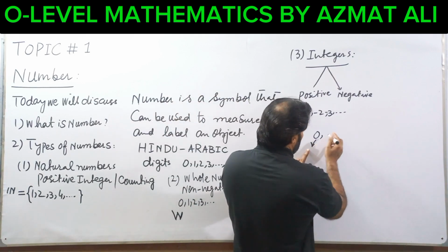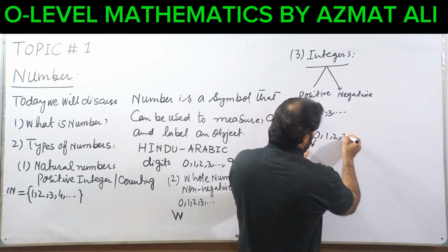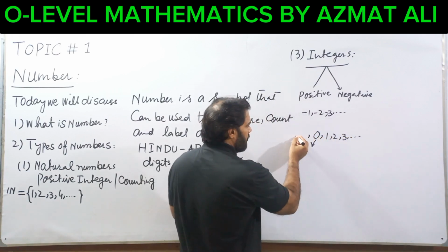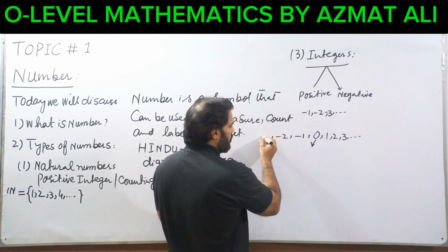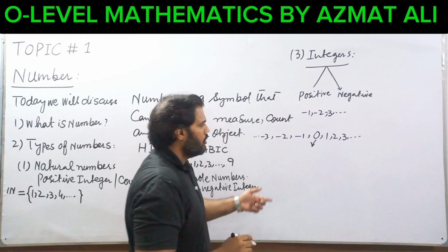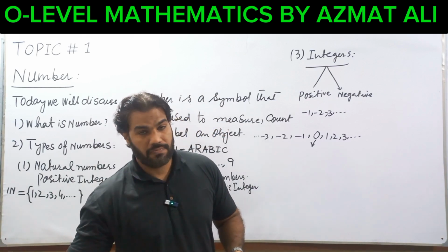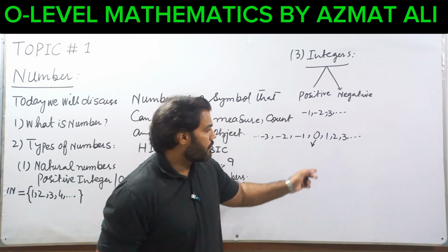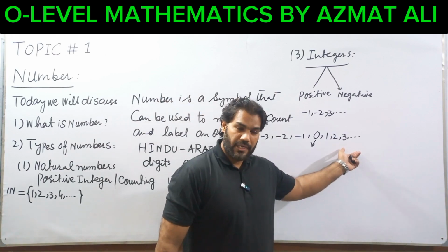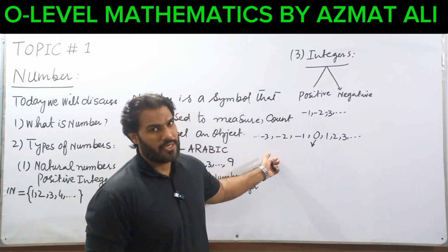So 0, 1, 2, 3 and so on, -1, -2, -3 and so on. These numbers have no end from both sides, from the left and from the right side. From the right side they are infinite, and from the left side they are also infinite.